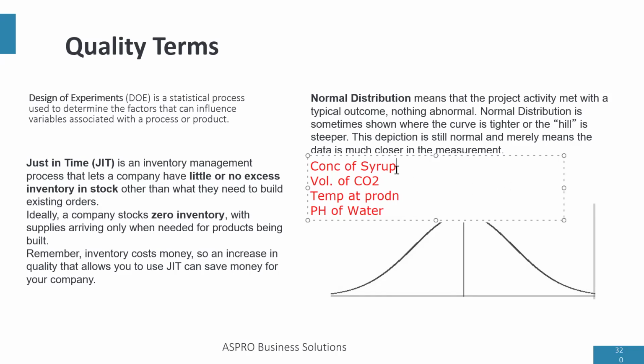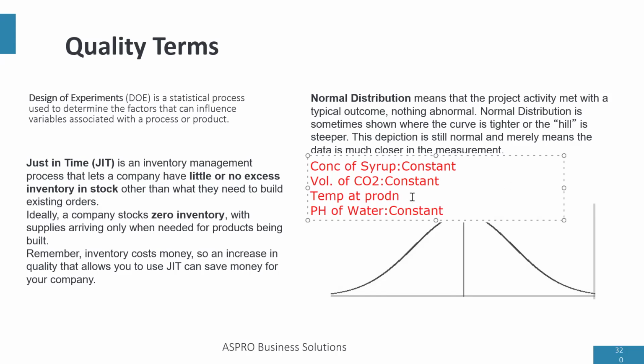So take, for example, let's say you're doing a design of experiment and you've held the concentration at a constant measurement. The volume of CO2 is constant, and the pH of water is constant.